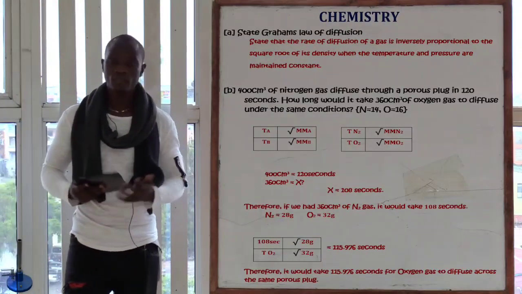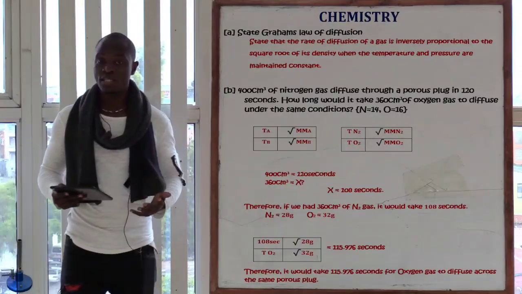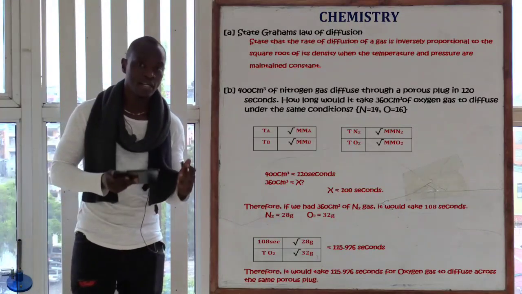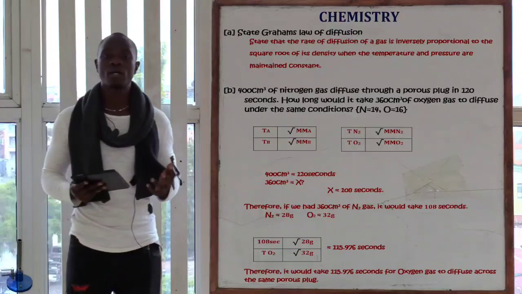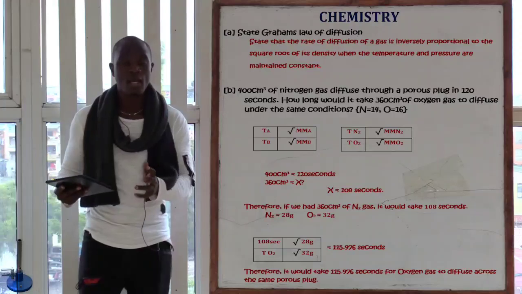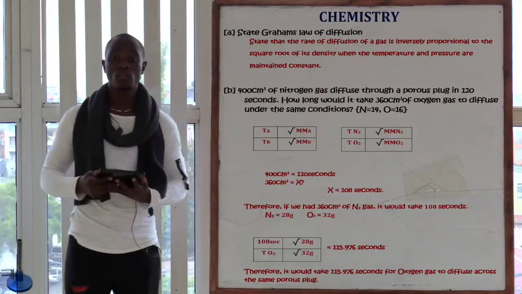In this case, we have been given that the time of nitrogen is 120 seconds, which is for 400 centimeters cubed. For oxygen, we have not been given the time, but we have been told that oxygen is 360 centimeters cubed.